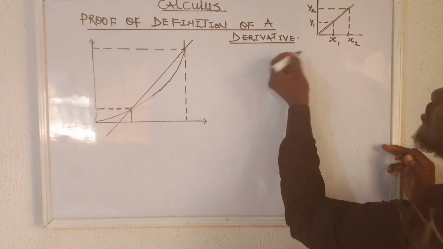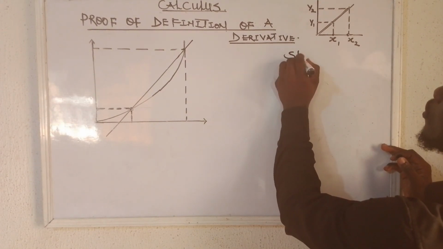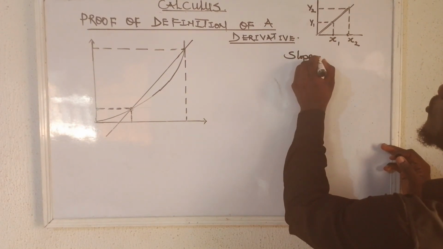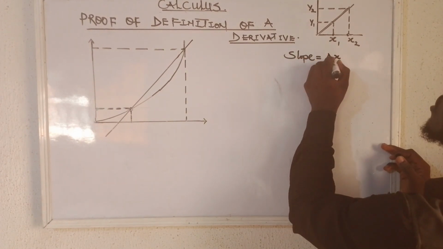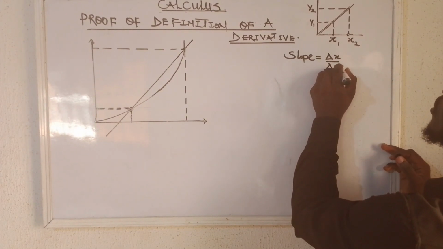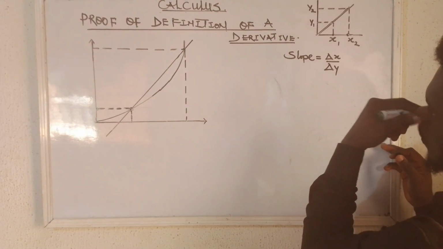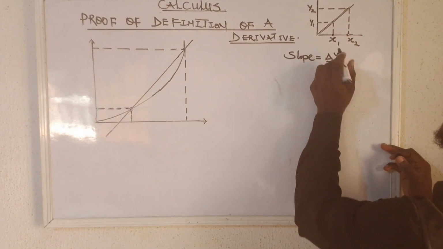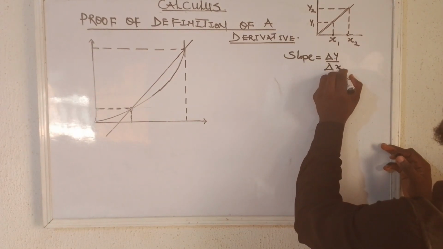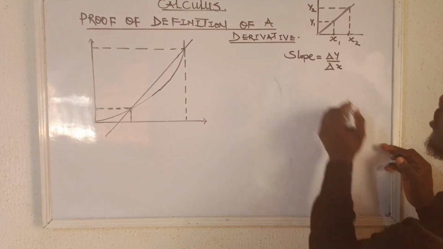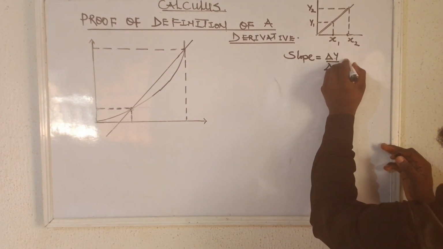Now, to find the slope of a straight line, the slope is always the change in y over the change in x. So this is the idea: change in y over change in x.